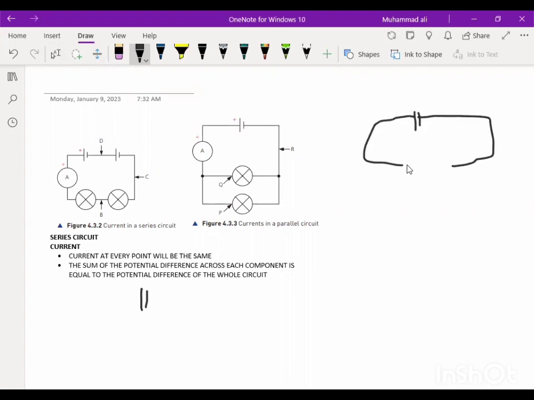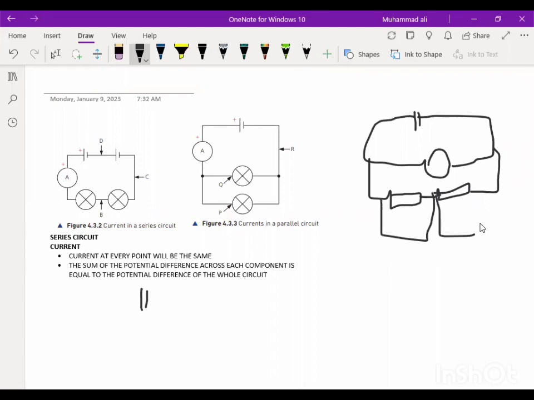I have a voltmeter right here. This is my voltmeter, right? And then I have two resistors, and across them also I've connected voltmeters. So voltmeter number 1, and so on. Right, so this is kind of the rough idea of what I'm trying to show you, right?